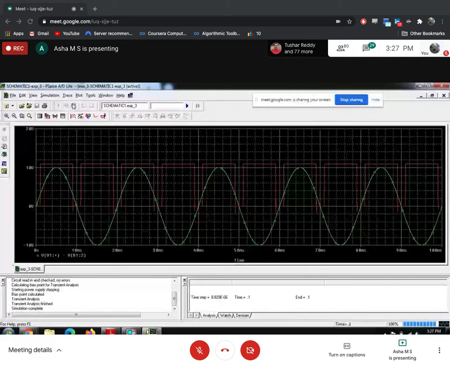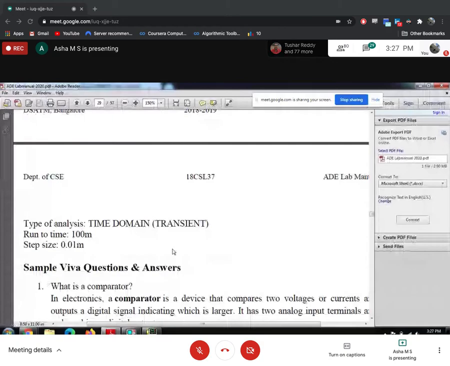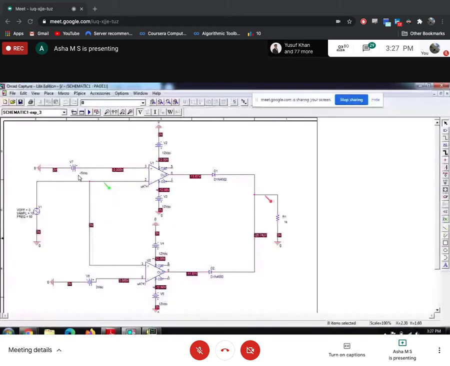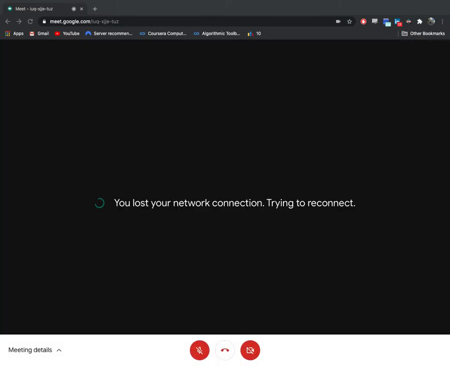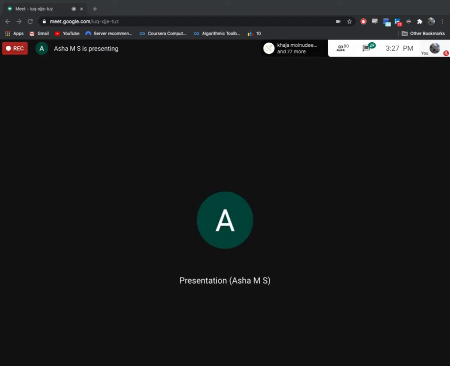So how did we get this output? What are the thresholds we have taken in the circuit? The thresholds are minus 3 volts and plus 3 volts. I already told you what the window is. Window means minus 3 to plus 3, or plus 3 to minus 3. Whatever value falls within plus 3 to minus 3 will take the output to 0.